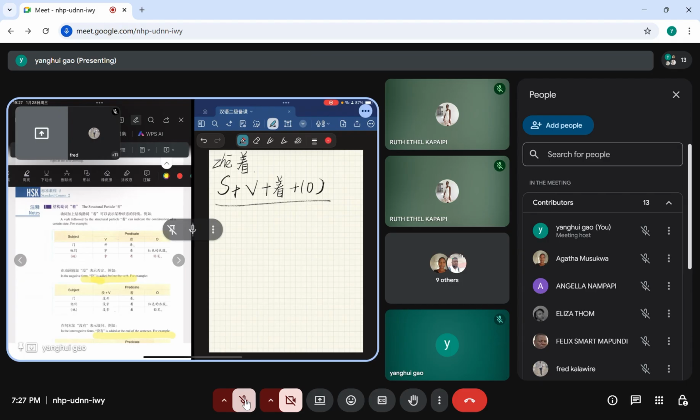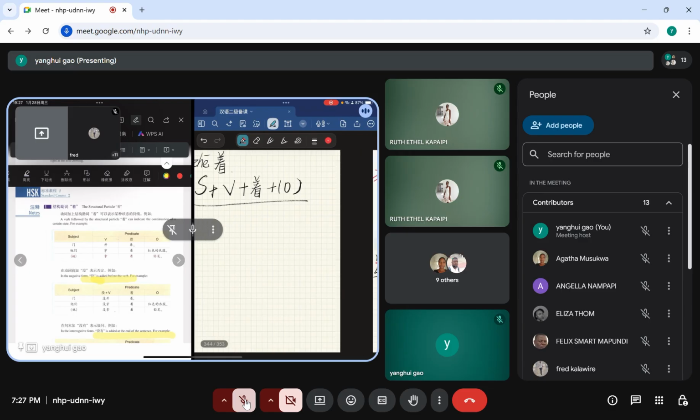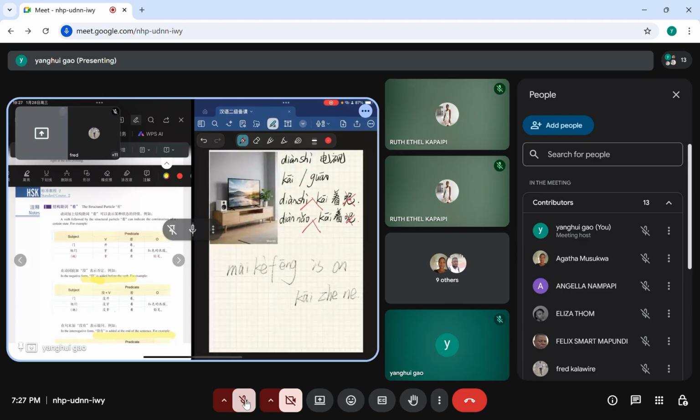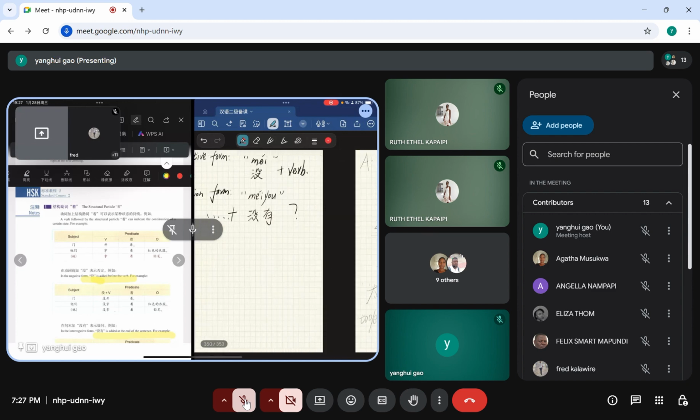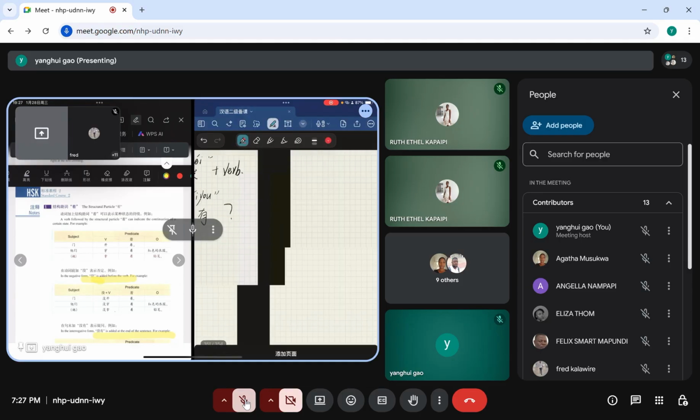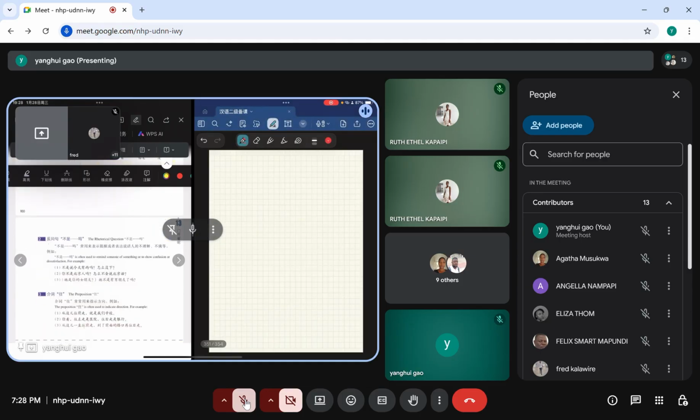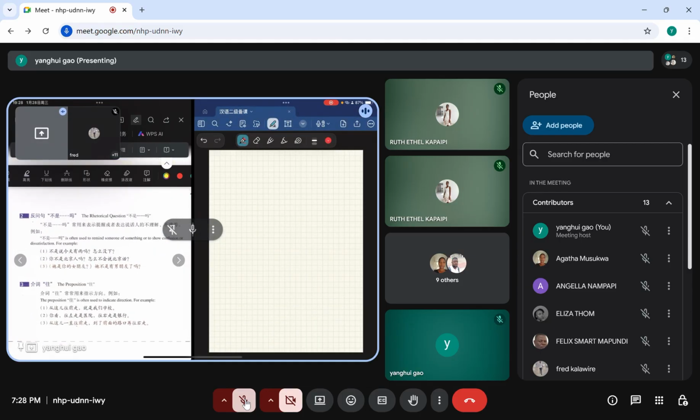Okay, the 着. And continue. Let's see the second one.